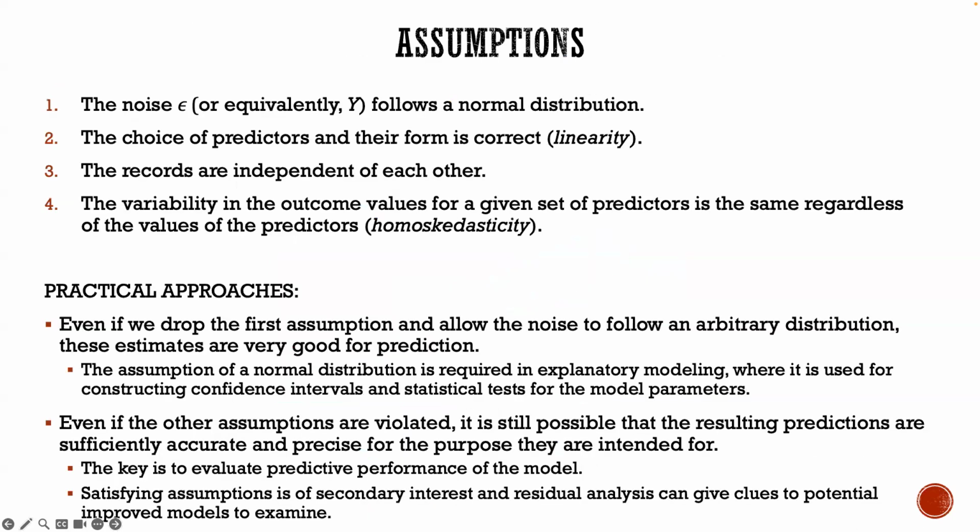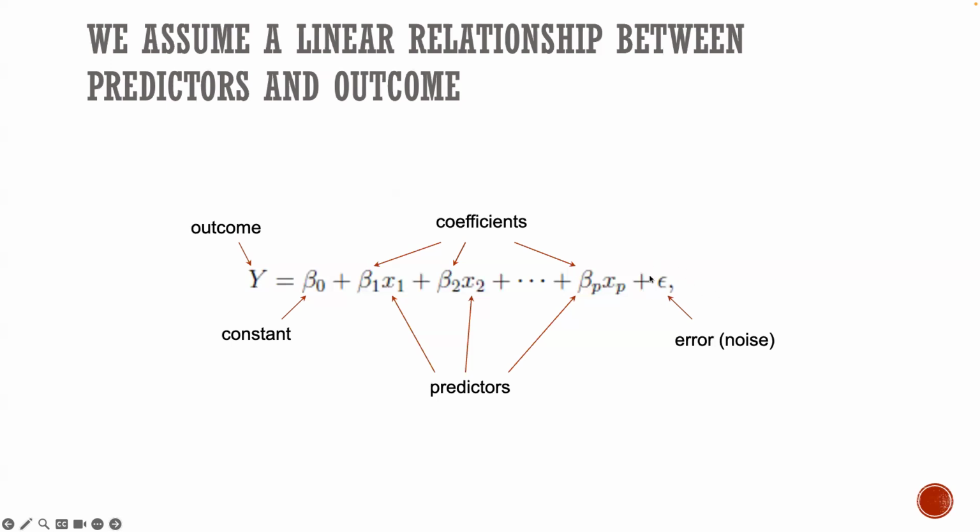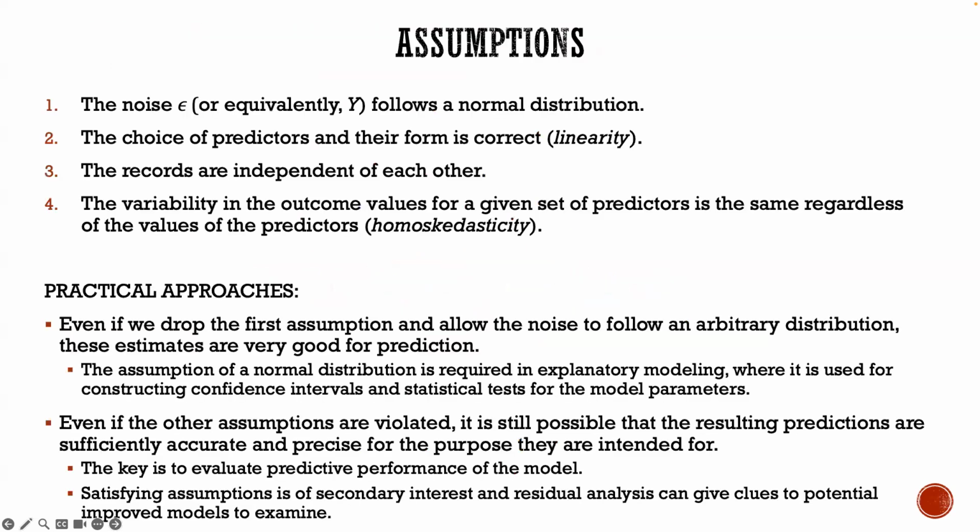Now, some of the assumptions that we have to keep in mind when we're using multiple linear regression are, number one, we assume that the error, the epsilon, one of the variables that we see in this model, which is the error, is normally distributed. This is one of the assumptions that we have in linear regression. The second assumption is that the choice of predictors and their form is correct. We are assuming that we know the domain.